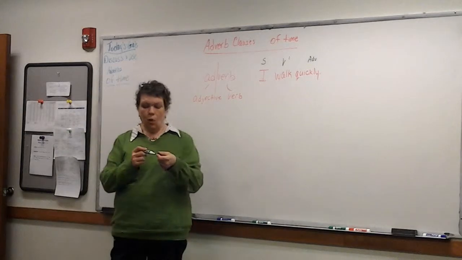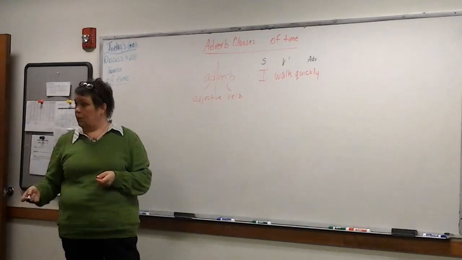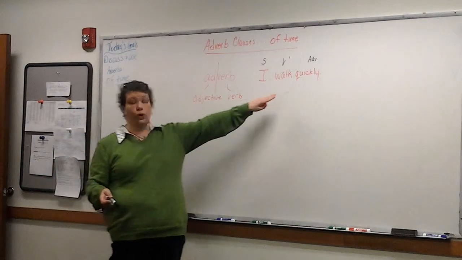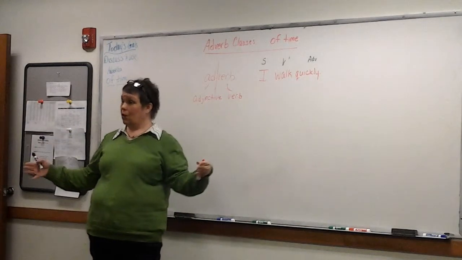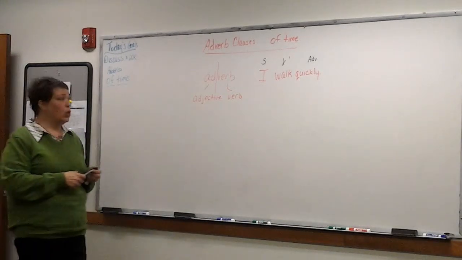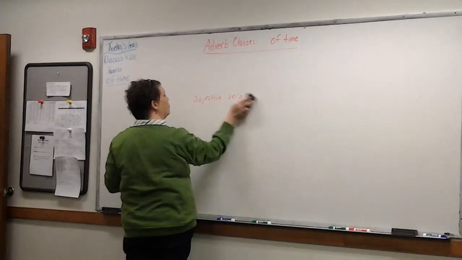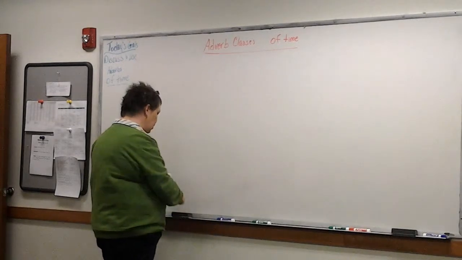All right. We're going to move away from how do I walk to when do I walk. And instead of one word, we're going to move into a clause. A clause is what? What can you tell me about a clause? What does a clause have?